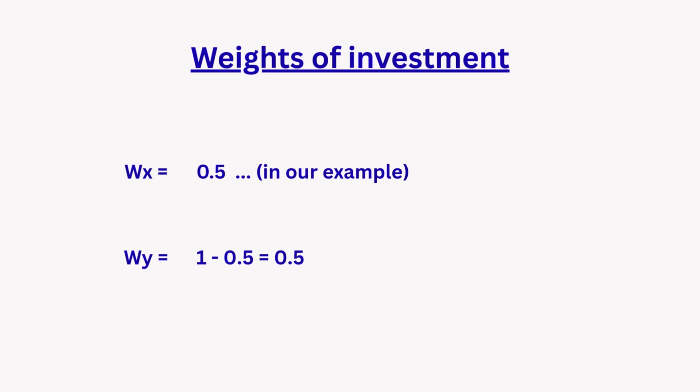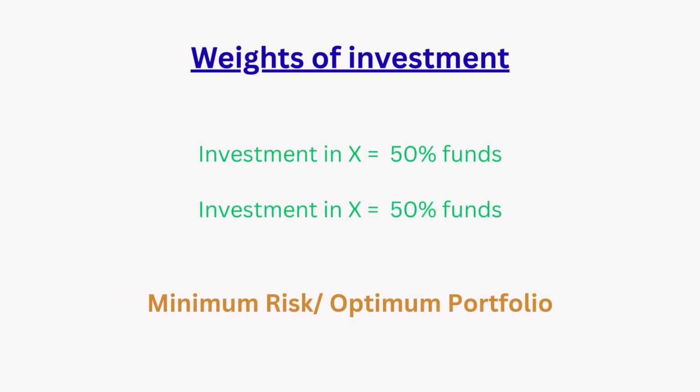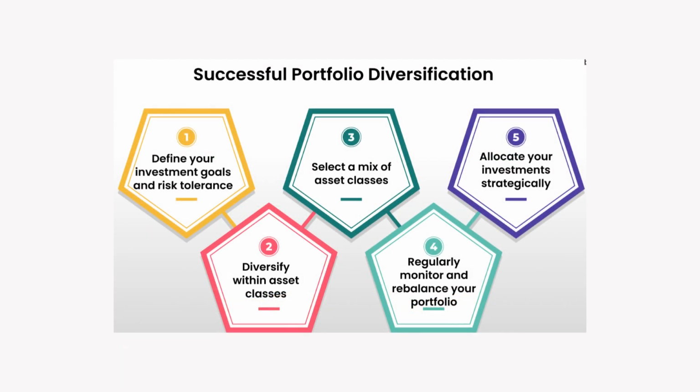It means that for creating an optimized portfolio with minimum risk, we should invest 50% in company X and 50% in company Y. This will give you the minimum risk portfolio, and you can apply this process for multiple securities as well. And this is how you create a minimum risk portfolio by diversifying in multiple securities.